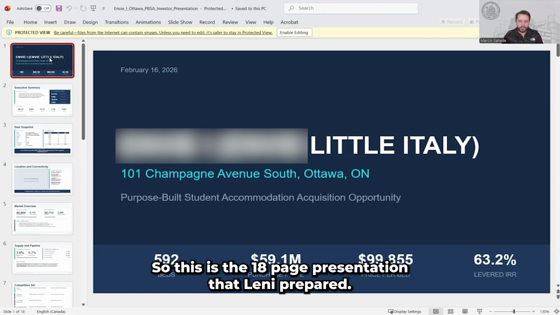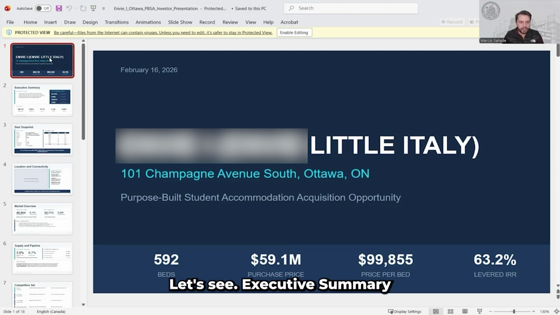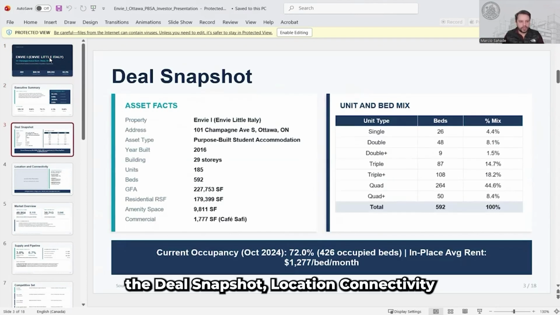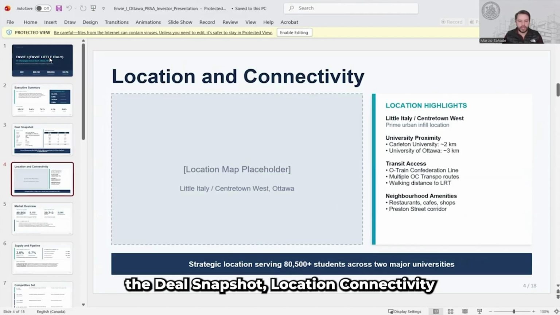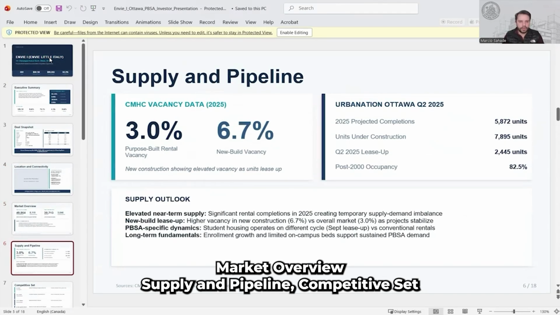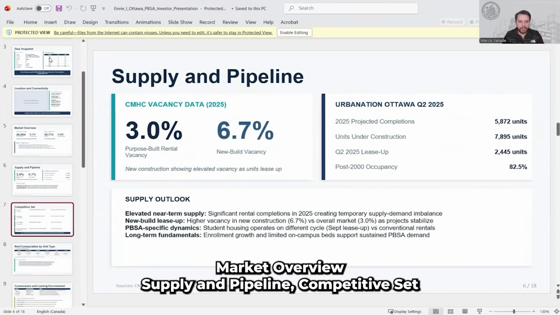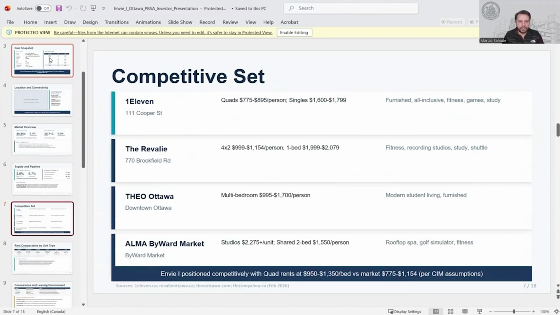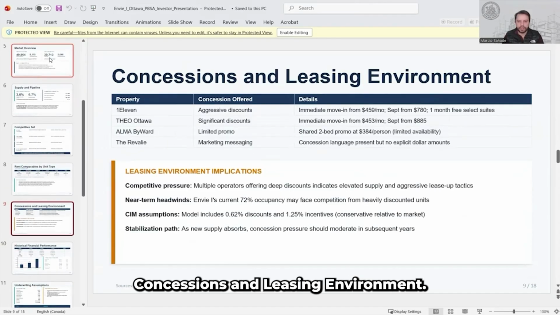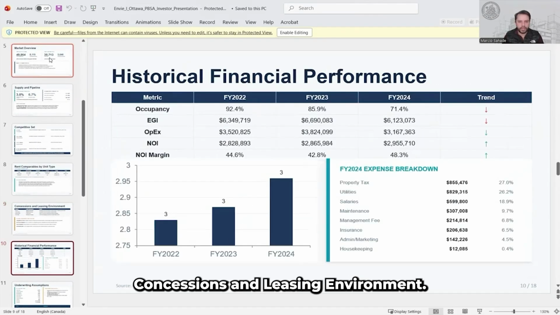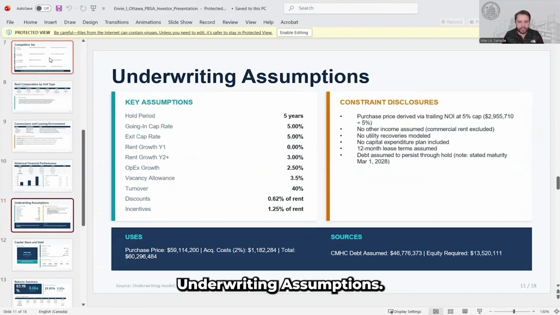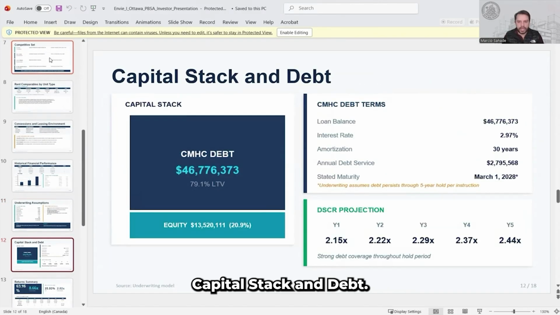So this is the 18-page presentation that Leni prepared. Let's see: executive summary, the deal snapshot, location connectivity. Of course, I need to add the images here. Market overview, supply and pipeline, competitive set, rank comparables by unit type, concessions and leasing environment, historical financial performance, underwriting assumptions, capital stack and debt.